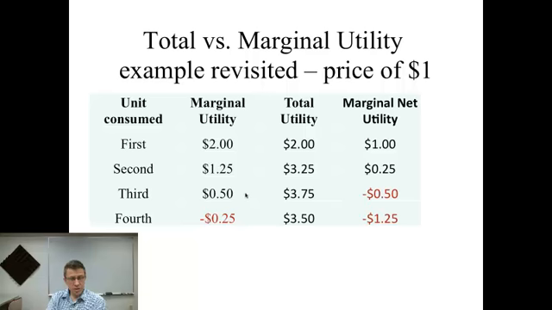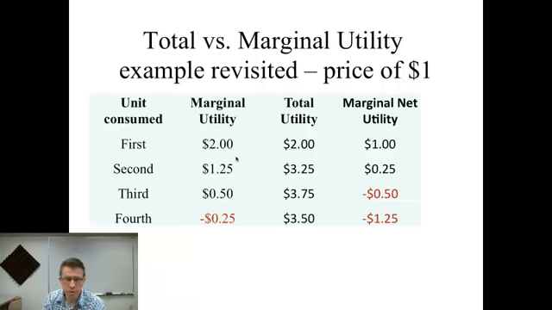That's not the right way to look at the question. Because the third unit, the consumer only gets an extra value of 50 cents. They have to spend $1, right? You'd never do that. You'd lose 50 cents in value. And indeed, if you spend $3 and you get $3.75 in satisfaction, your total amount of satisfaction is 75 cents, right? $3.75 minus $3, $1 for each unit that you purchased.